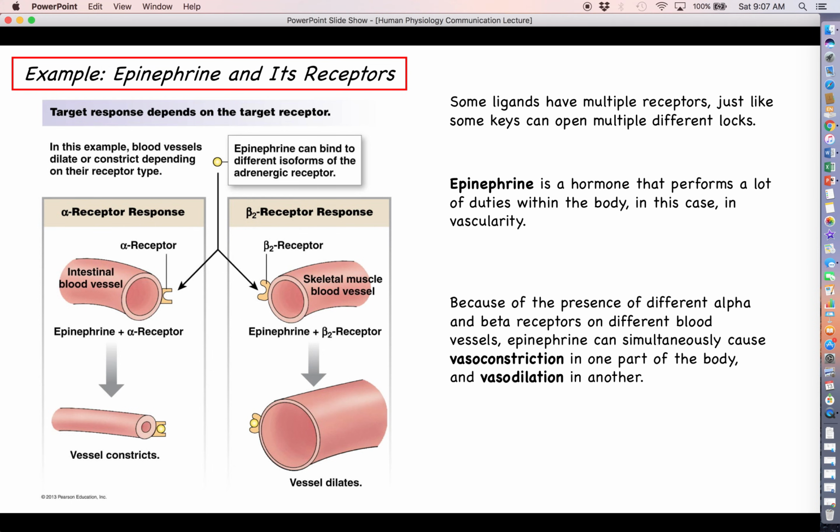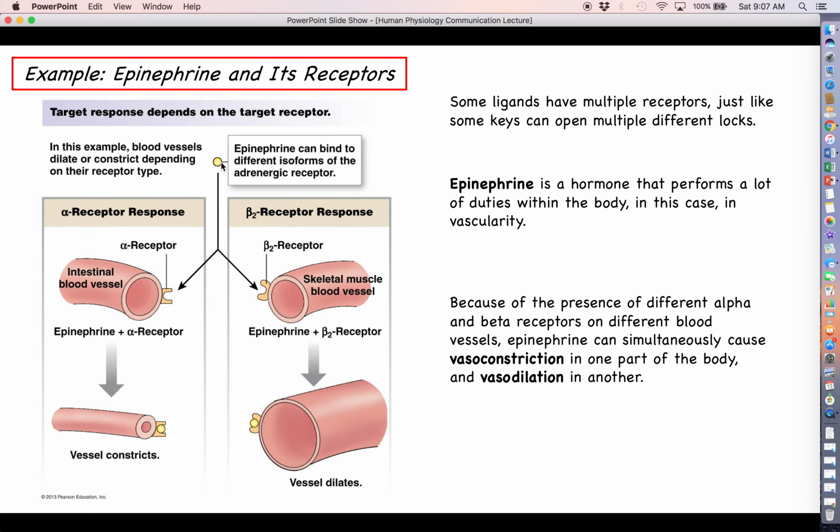You don't need to be worrying about making your urine, so we could maybe cut off blood flow to the kidneys, temporarily, of course. So what you're seeing here is how a single signaling molecule, a single hormone like epinephrine, can do all of these different things simultaneously by binding to several different types of receptors.